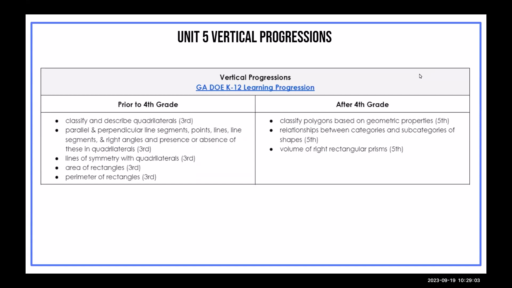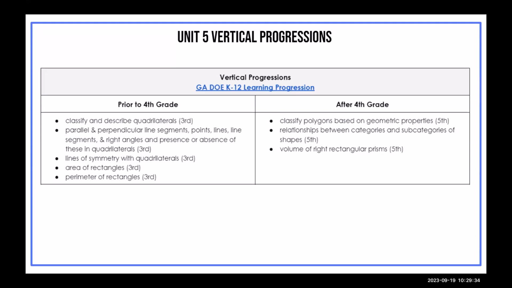Here's a quick glance at our vertical progression. Most of the items on this vertical progression are the geometric concepts that fourth graders are going to be learning in our next unit, Unit 6. But I do want to point out, prior to fourth grade, you can see in that second bullet that third graders identified right angles and the presence or absence of them in quadrilaterals.